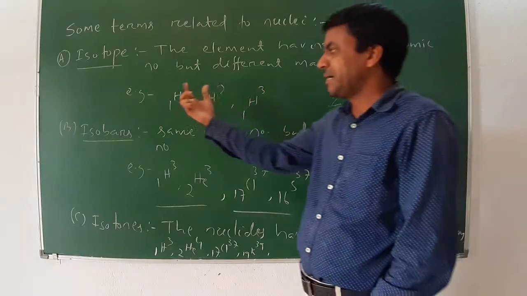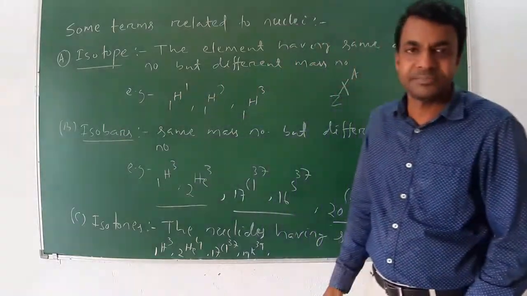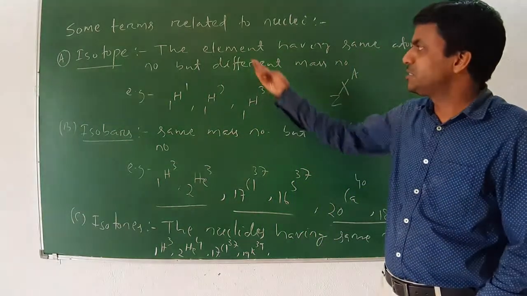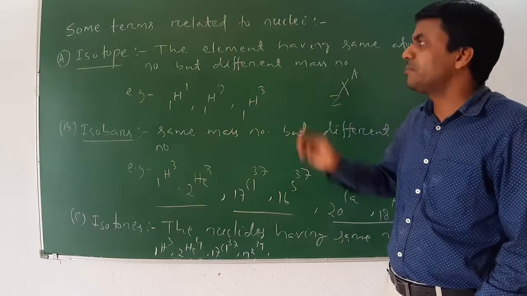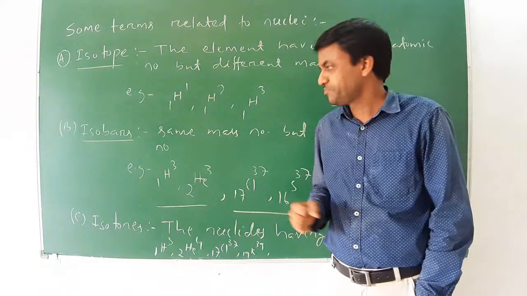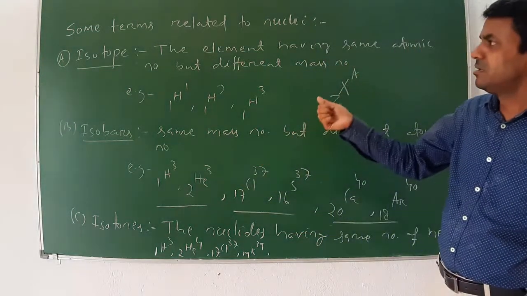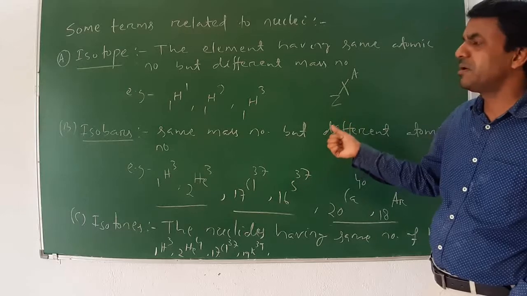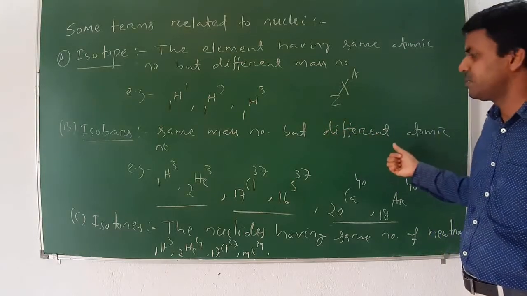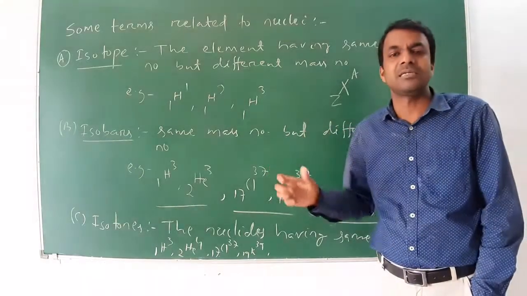Next part comes to the isobars. Isobar is just the reverse of isotope, meaning different atomic number but same mass number. The elements having the same mass number but different atomic number are known as isobars.